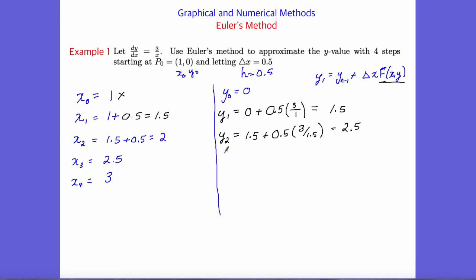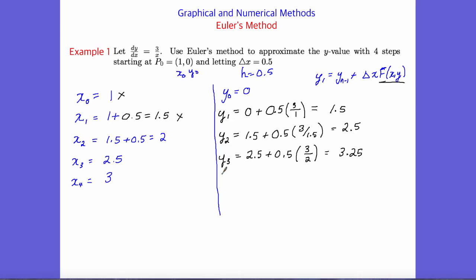And then y sub 3, you're going to use the previous y term, which is 2.5, plus 0.5 times 3. Now I've already used this x term, so now I use the previous term. If I'm on the third term for y, I'm looking at the second term for x. That's 3 over 2. I multiply that out, I get 3.25.